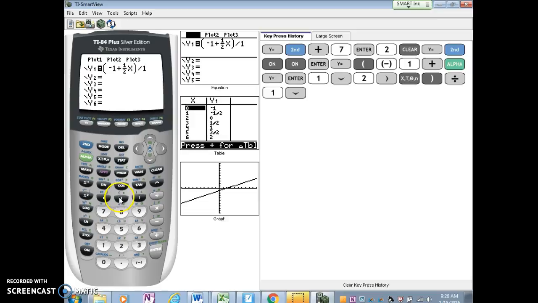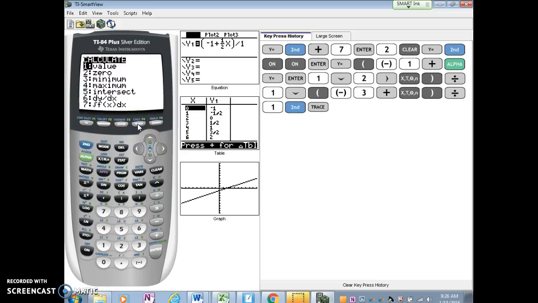and now we're going to graph the second equation. So we're going to open up parentheses, type in our -3 plus x. We're going to close the parentheses and divide by 1. All right, so we're going to use our calculator to our advantage here. We're going to hit second, this blue button, and then the trace button.